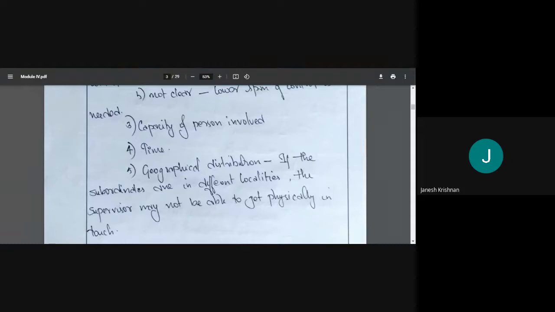Because of technological advancements, we can now do effective communication by mobile phone or laptop, but physically he or she might not be able to come. Take sales: the office or the supervisor might be in Kannur, while you in the sales department might be doing sales in Kashmir. So basically, geographical distribution is also a factor.